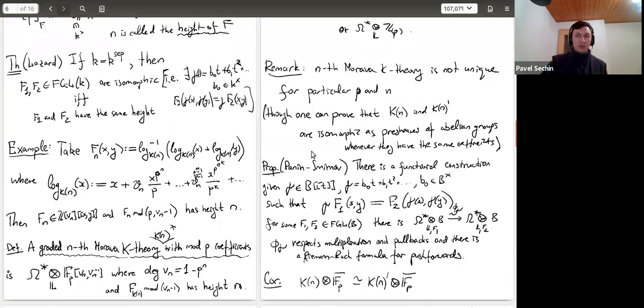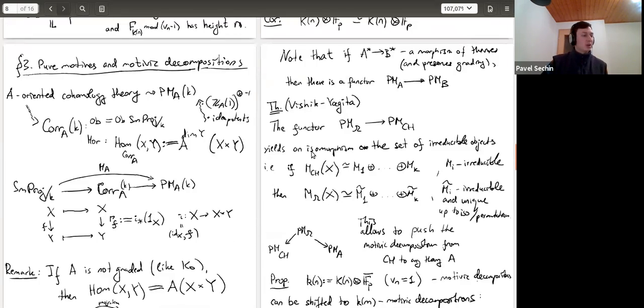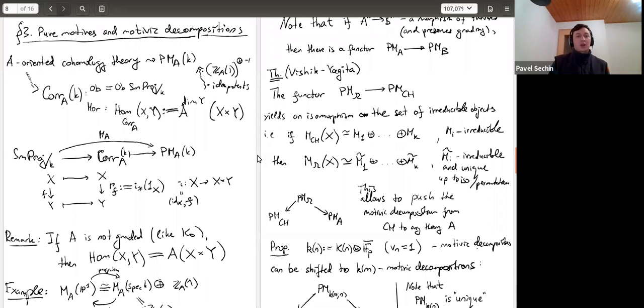Okay, now let's recall the pure motives, and then we'll be able to put all this together and formulate some statements. If you have any oriented cohomology theory, you can associate to it the category of pure motives with respect to that. So how do you do that? First you define the category of correspondences.